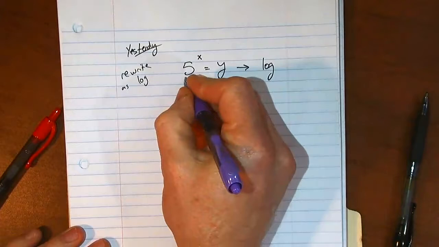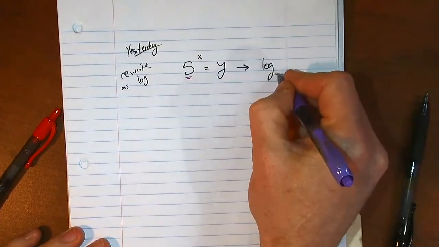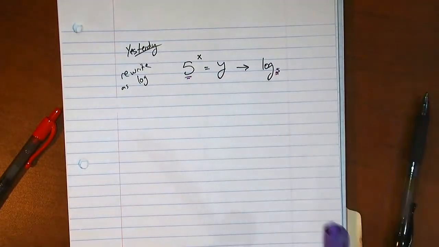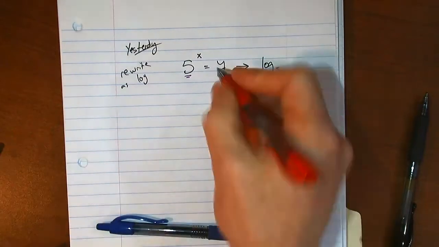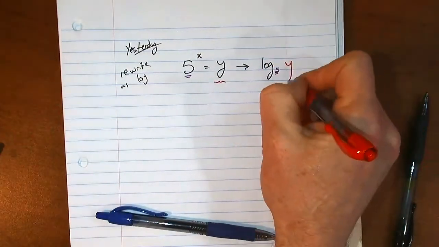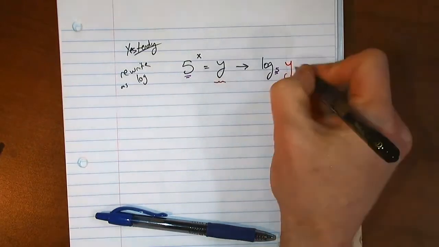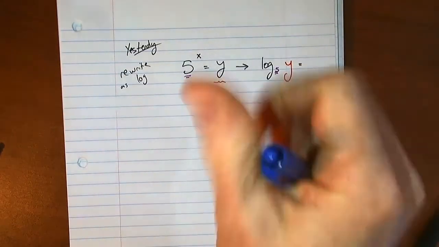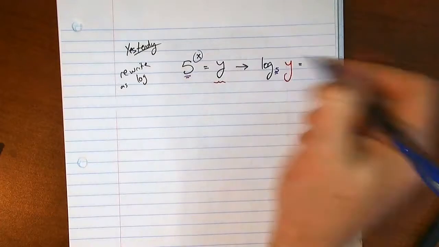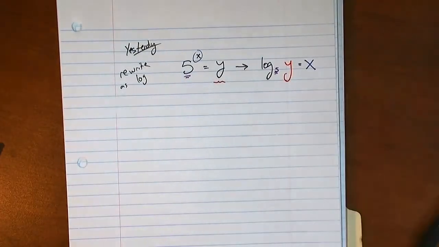We make the base of my exponent match the base of my log. And then the thing that was my answer becomes the input. The math word would be argument, the input. And the thing that was my input, that becomes my answer.